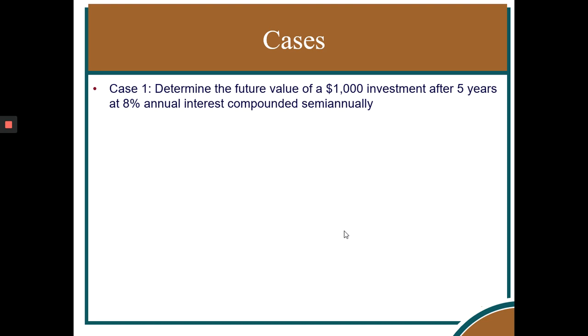Semi-annual means 6 months, so every 6 months it compounds. So as I said, you have to change two things: n and I. So n becomes 5 times 2 equals 10, and your I equals 8% divided by 2, therefore 4%.